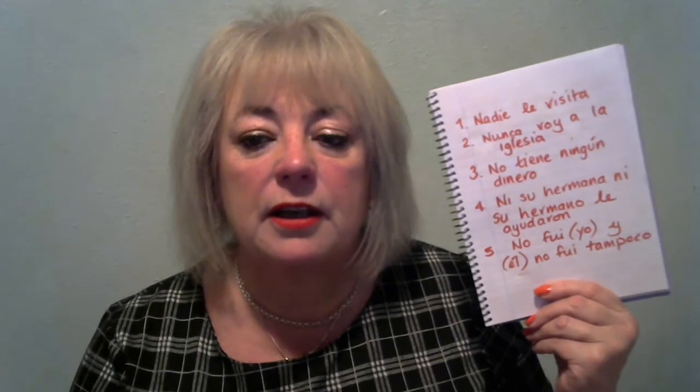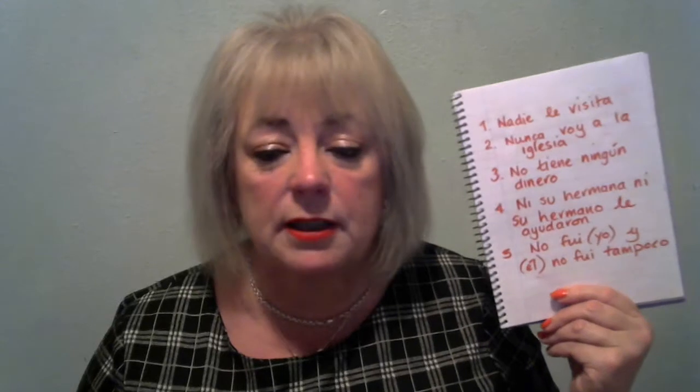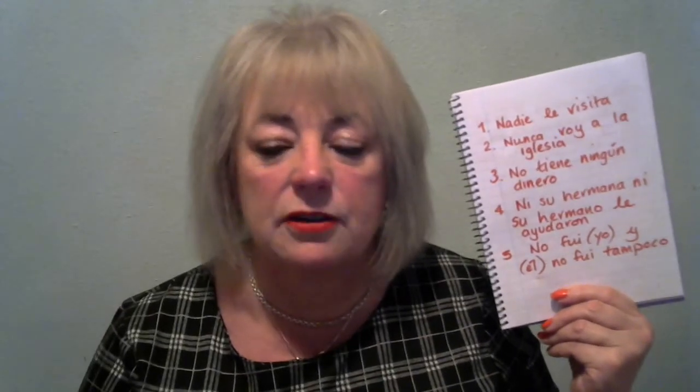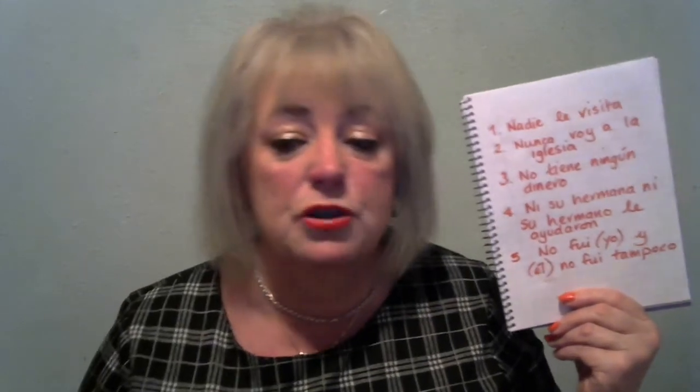Y número 5, no fui yo. Again, the yo is completely optional because fui is I didn't go. Y él no fui, again, the él optional. No, oh, that's fue, not fui. Maybe I should have left it and seen if you noticed. I like it when people come to me and say, do you know you did this wrong?